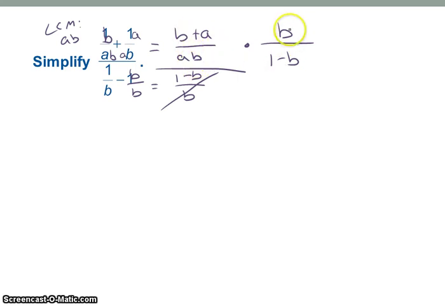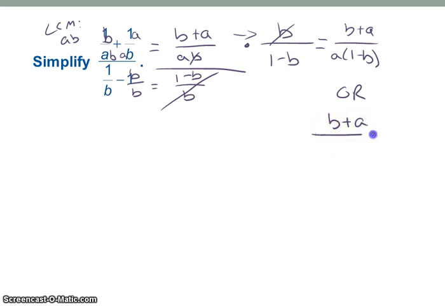So check out anything that might be able to simplify if you wish. I see there's a b in the numerator and the denominator. Multiply straight across. So I've got that simplified to 1, so I just have a b plus a over a times 1 minus b. If that bothers you and you want to distribute it, since it is such a small case and you don't have too much going on with numbers and other stuff, you can distribute it.